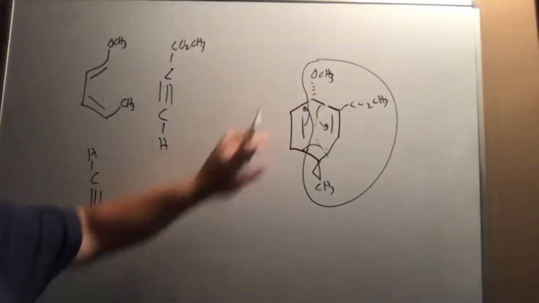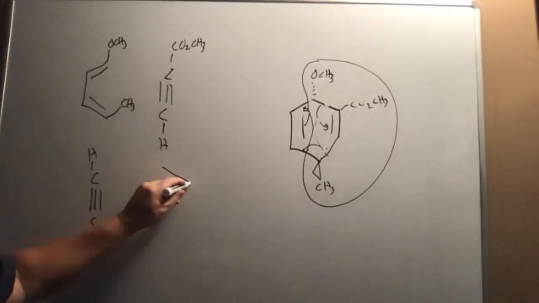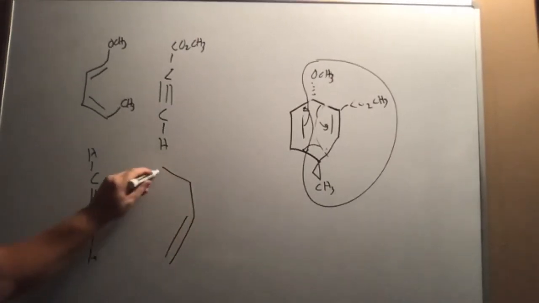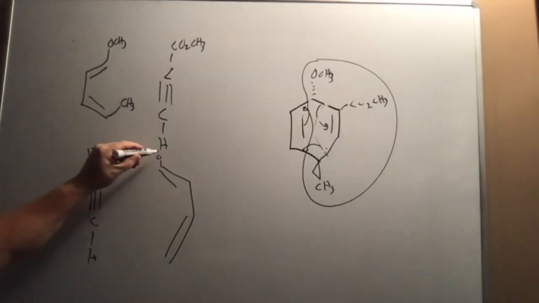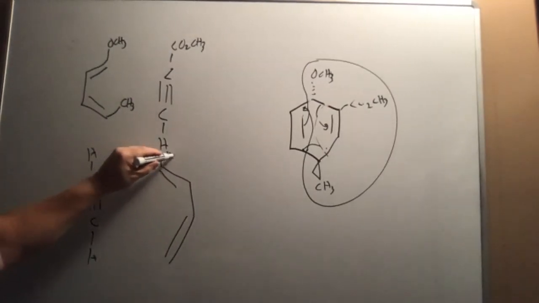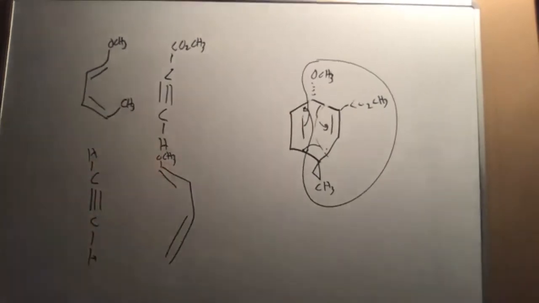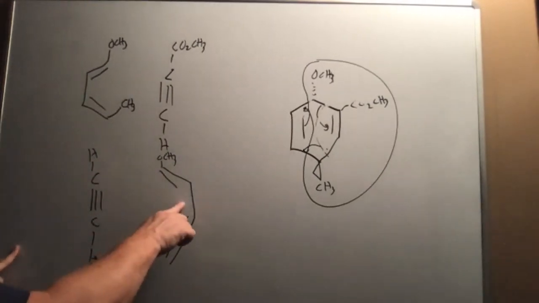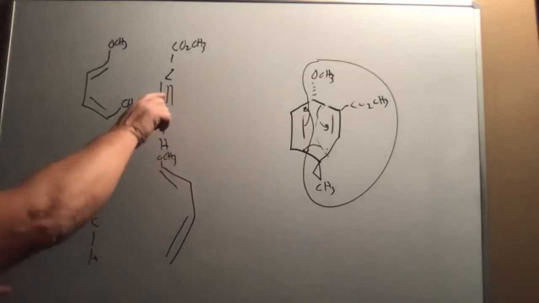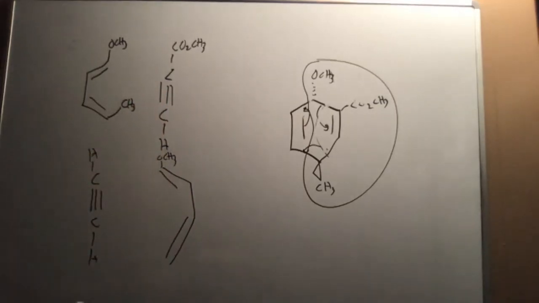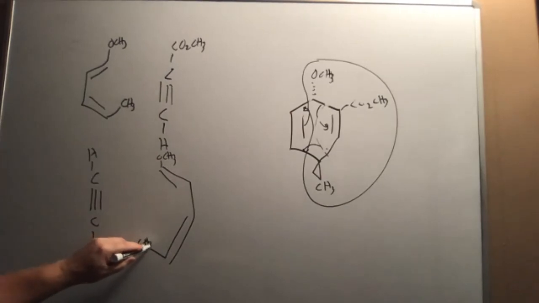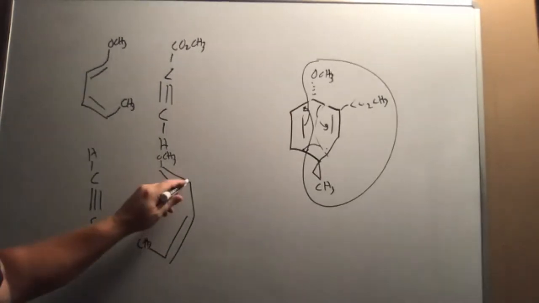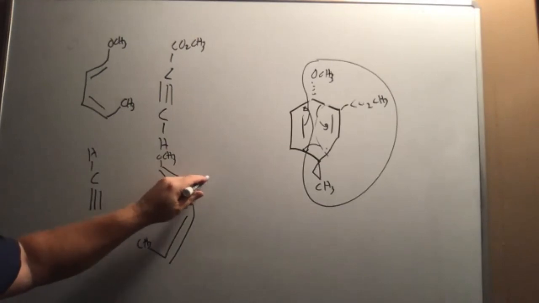Notice that's my piece there. And then I'm going to turn this one around like this. Again, my OCH3 has to be out. Okay, actually it's in the plane, starting here, but it goes out in the plane. My CH3 again goes in like this. And notice this one is back here.